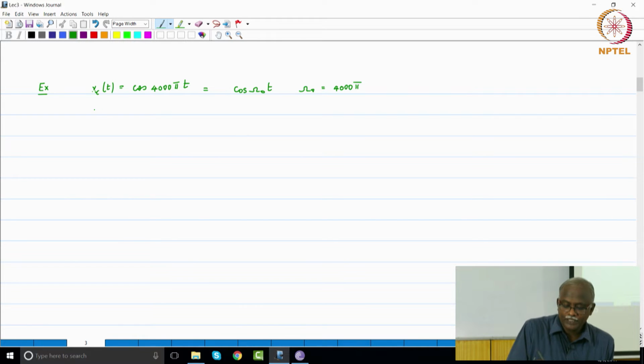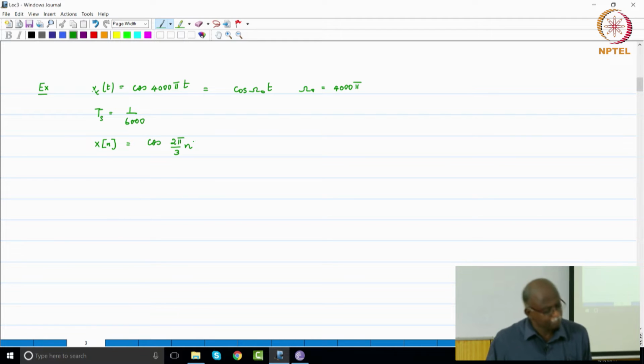And we said that we would sample it at Ts equal to 1 over 6000. We will sample it at 6000 hertz, so the sampling period will be 1 over 6000, and this gave us x of n equal to cosine 2 pi by 3 times n.